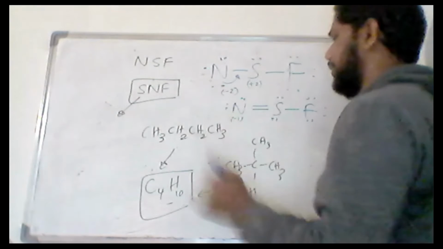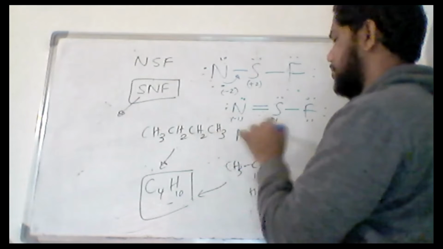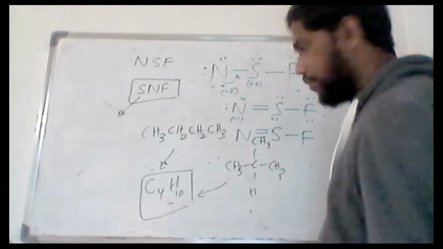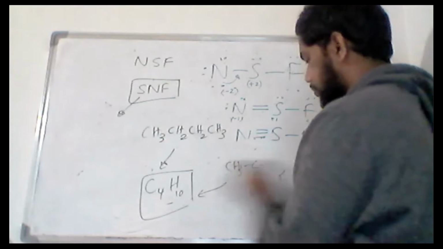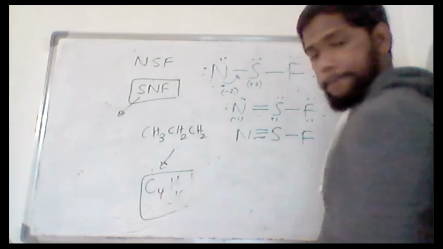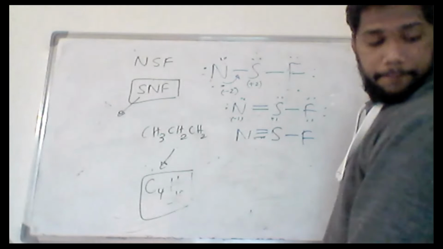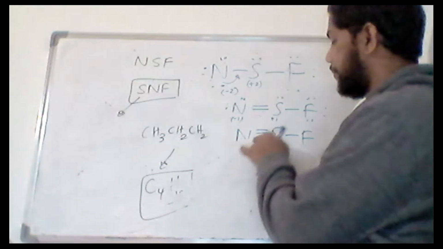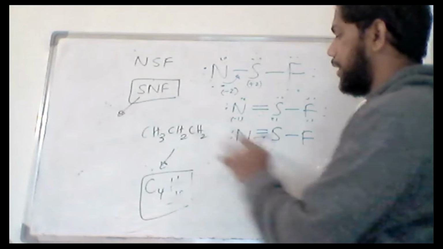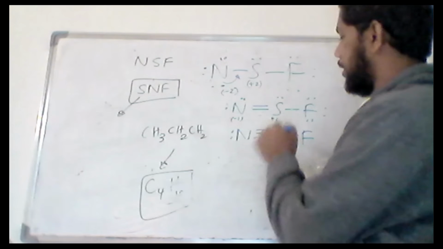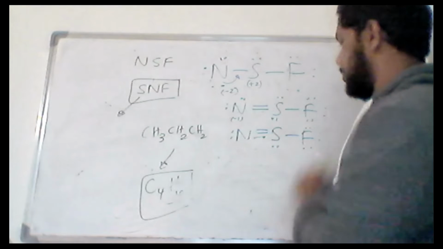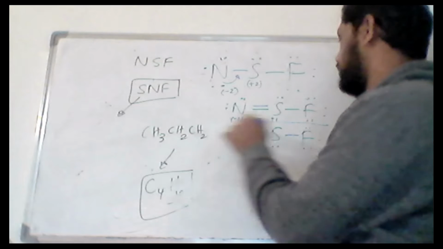You can give another electron, so it will be like this. In principle, now there are 2 electrons here, another electron here, and 6 electrons around this. So this is the structure.